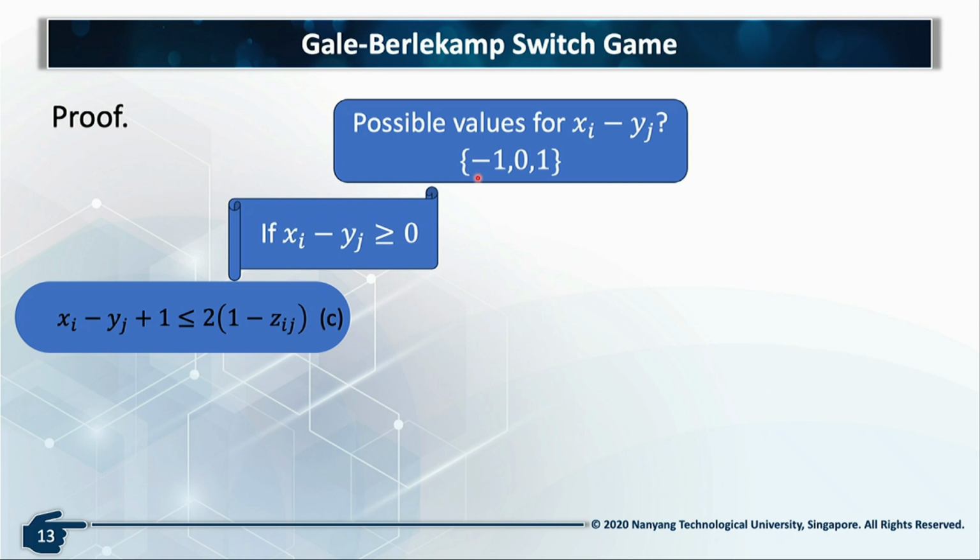From this constraint, can you tell me what's the possible value of this zij? We know zij is a binary variable. That means the possible value for zij is 0 or 1, right? And with this constraint and the condition xi minus yj is non-negative, what is the possible value for zij? Can anybody tell me?